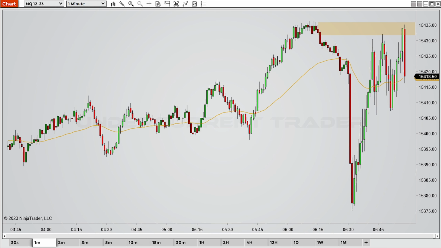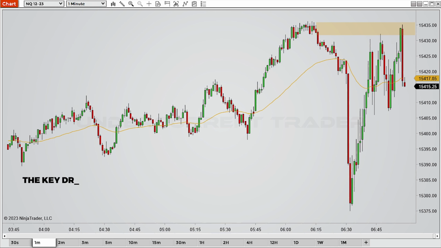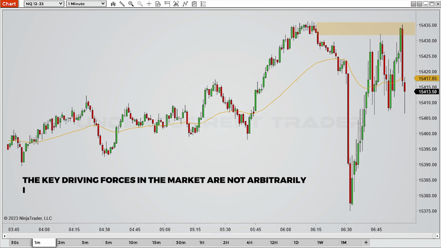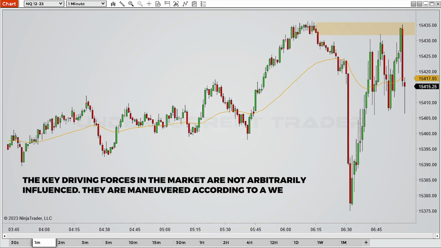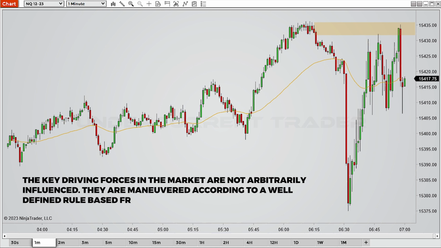And another thing here, guys, I think that it's important for you to understand that the key driving forces or elements in the market are not arbitrarily influenced. They are, in fact, maneuvered according to a well-defined, rule-based framework. I think that grasping this concept and understanding it can significantly affect your understanding of market behavior.